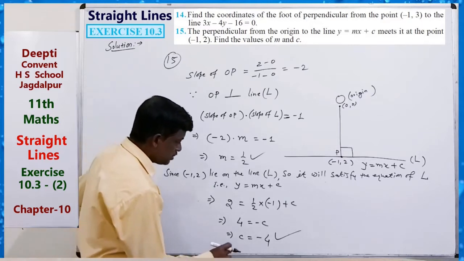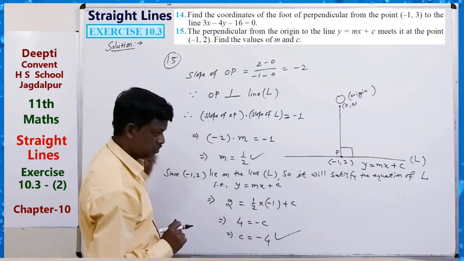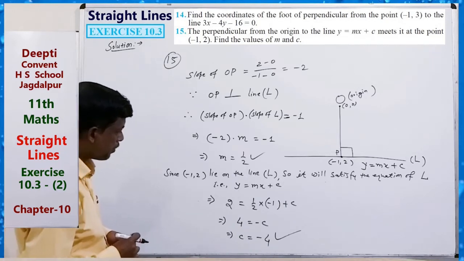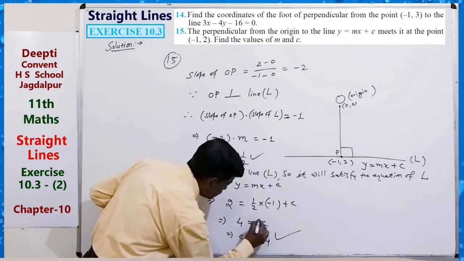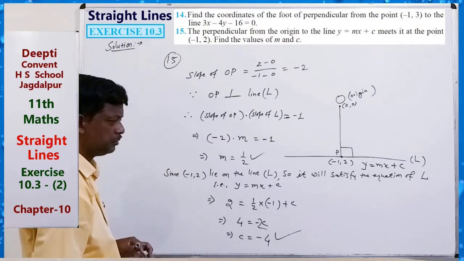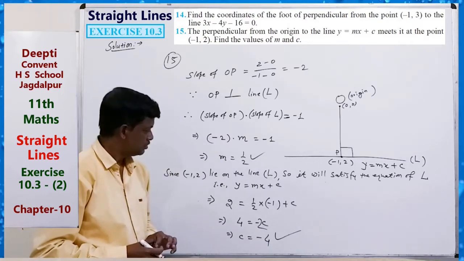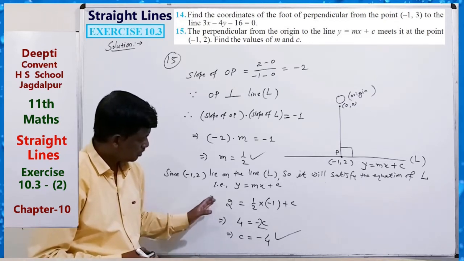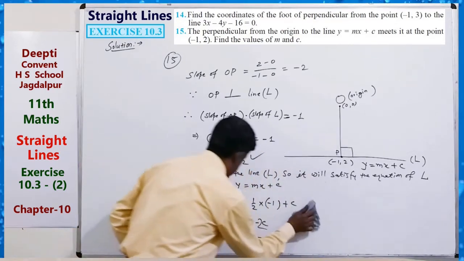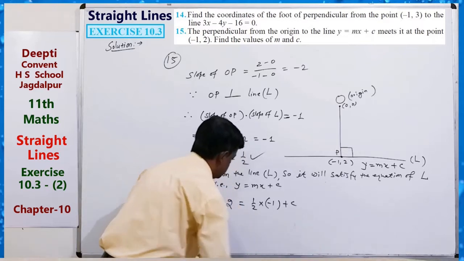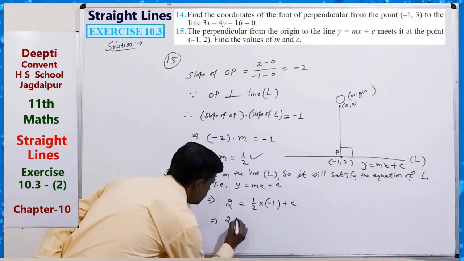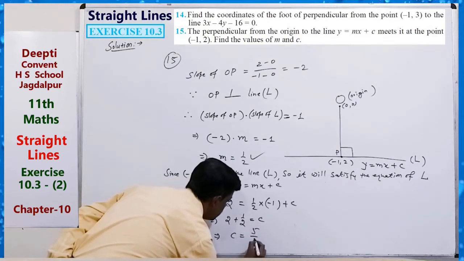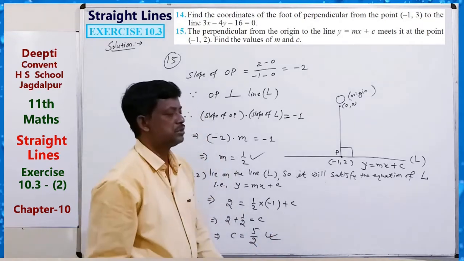Sorry, here 2 equals minus half plus c, so c equals 2 plus half, so c equals 5 by 2.